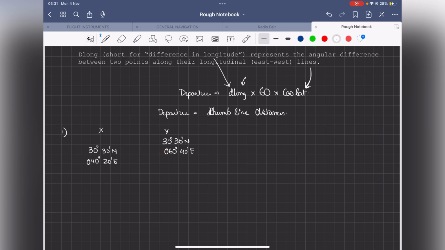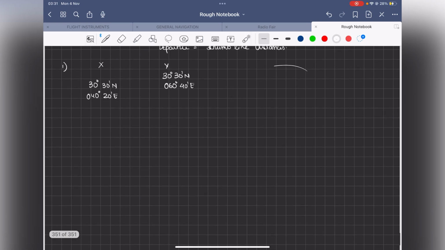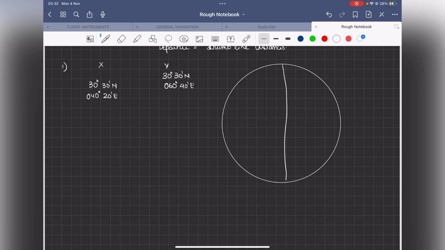So again, let's go back to our basics and draw the earth, right? I draw my prime meridian and I draw my equator. Then I draw both my longitudes. I draw my 40 degrees 20 minutes and I draw 60 degrees 40 minutes.